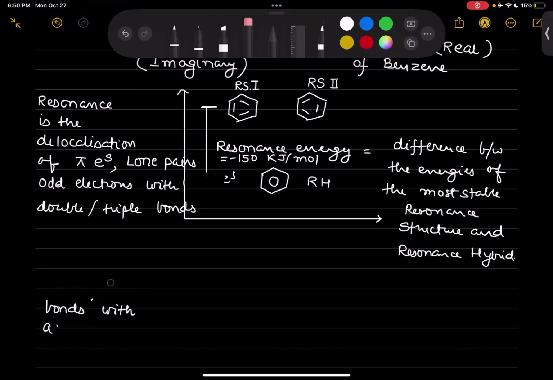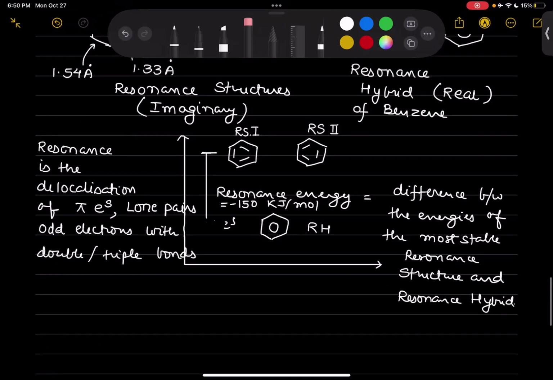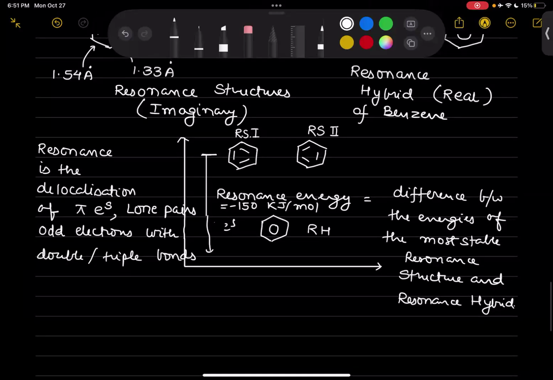Clear or not? And it causes stabilization, and this stabilization is called resonance energy.